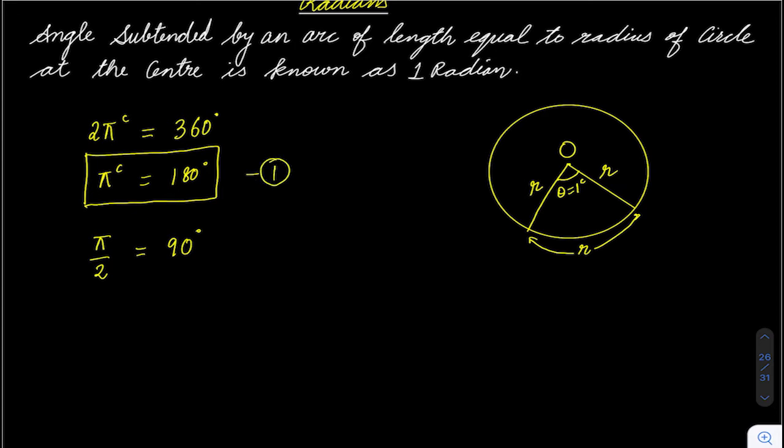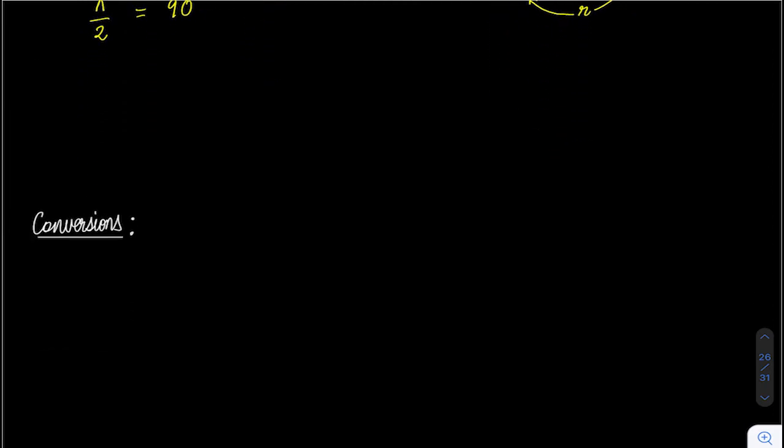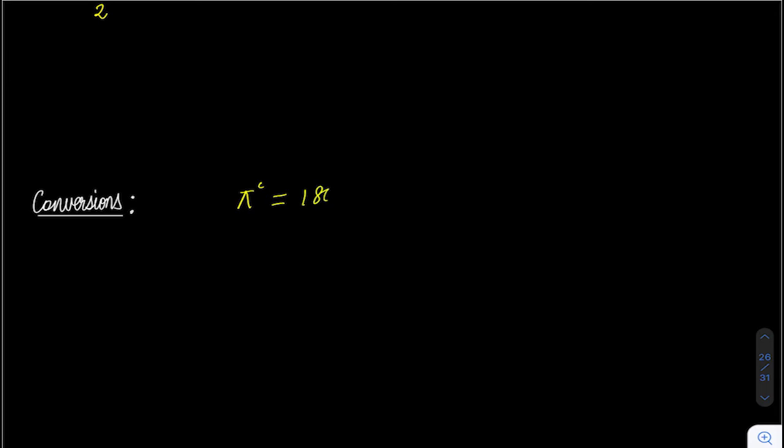Now second, sometimes we need to convert a radian angle into degrees, or convert a degree angle into radians. So what are the conversions for that? We have pi radians equal to 180 degrees. From this I can say 1 radian, and I'm not writing any symbol, it automatically means radian, is equal to 180 degrees over pi.